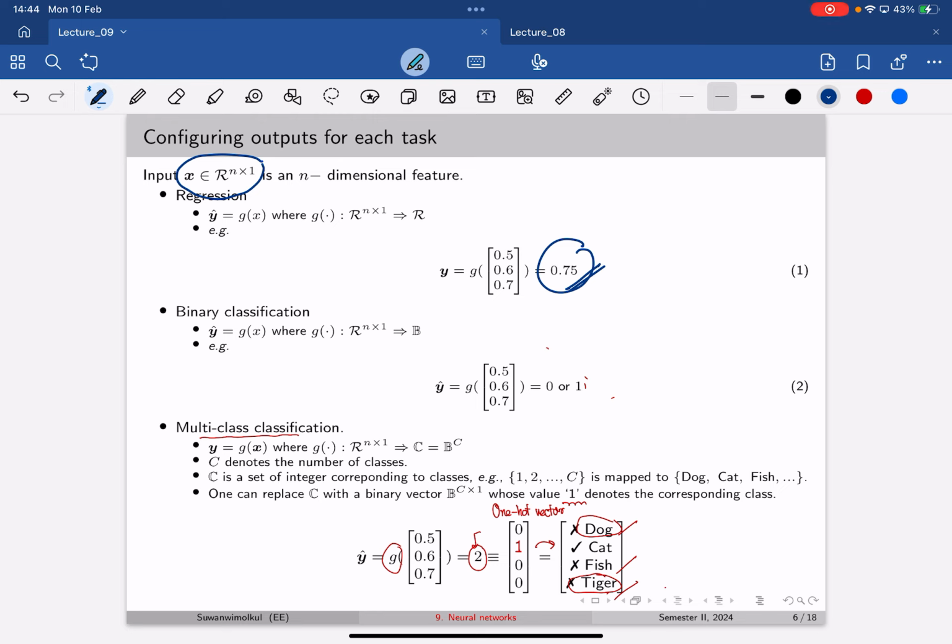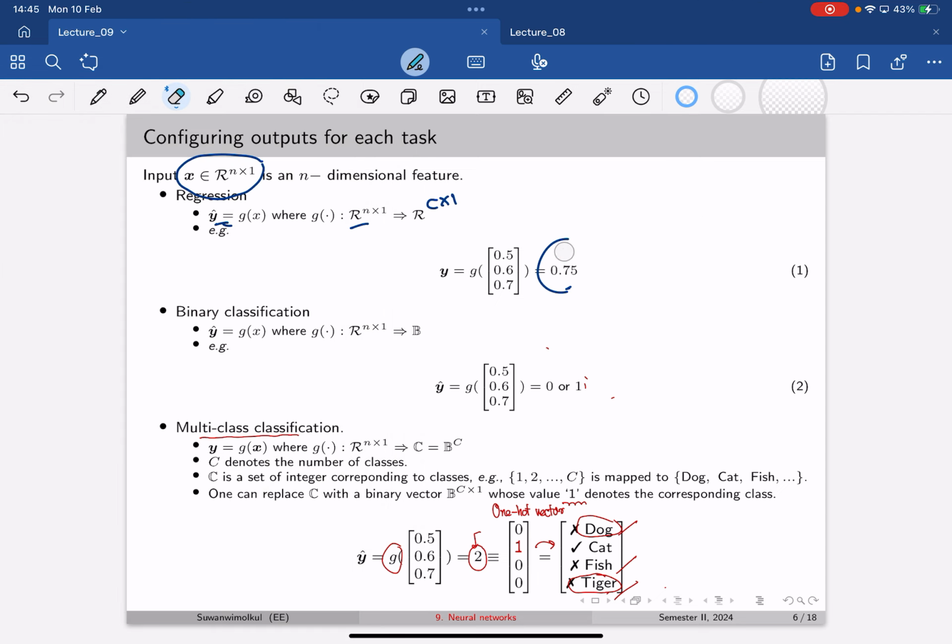You can get a vector. Let's say your function maps from R^n to R^(c×n), then you get a vector of regression values. That can happen as well. If you want to, you can reshape the neural network to provide such output.